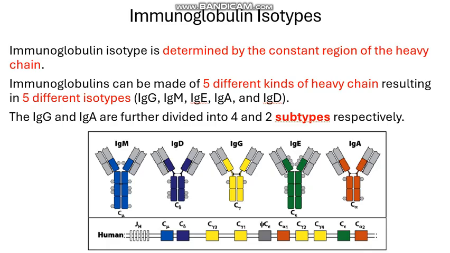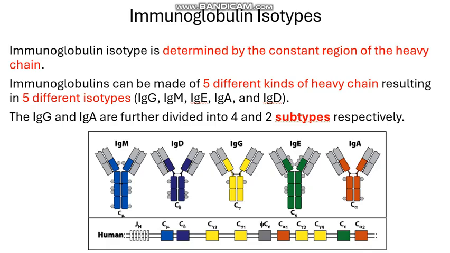Immunoglobulins can be made of 5 different kinds of heavy chain, determined by these different genes shown on the bottom here. You can see there are 5 different colors, excluding grey, which I think is coding for receptors on the heavy chains involved with natural killer cell recognition of immunoglobulins at the Fc region, which we're going to talk about in a minute.